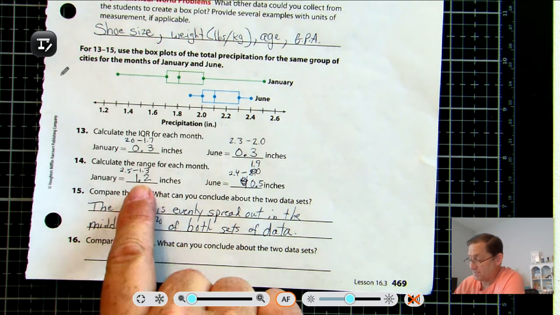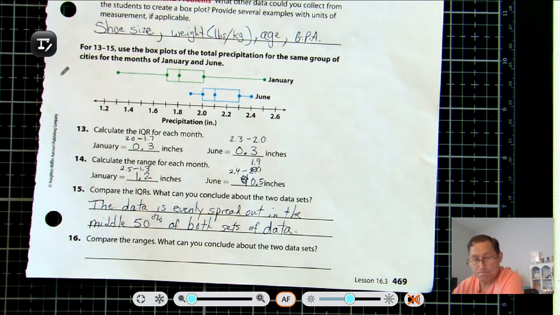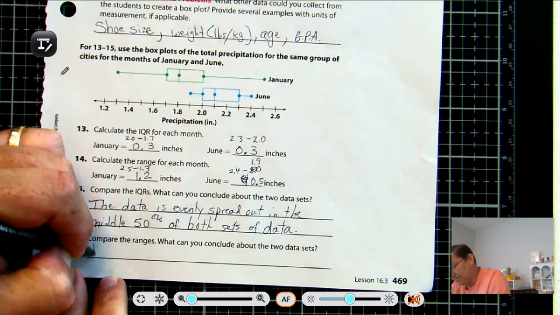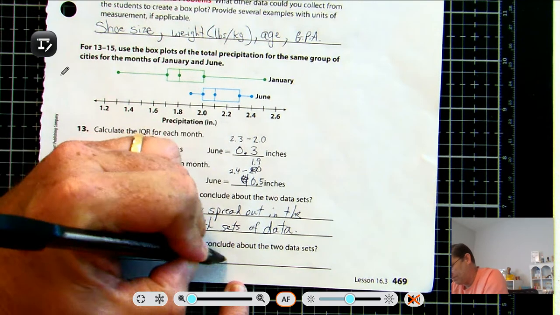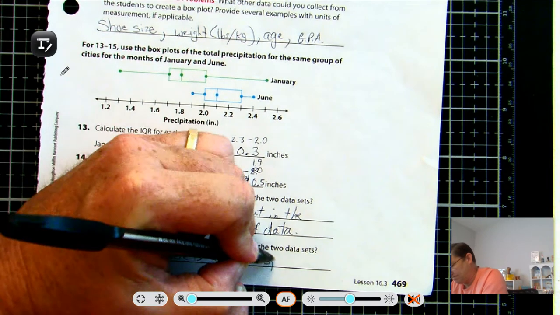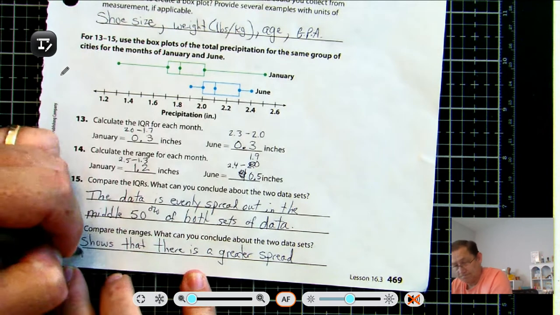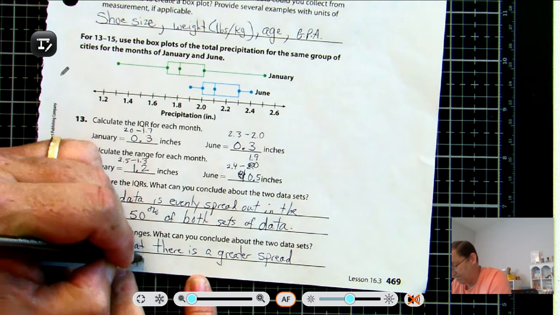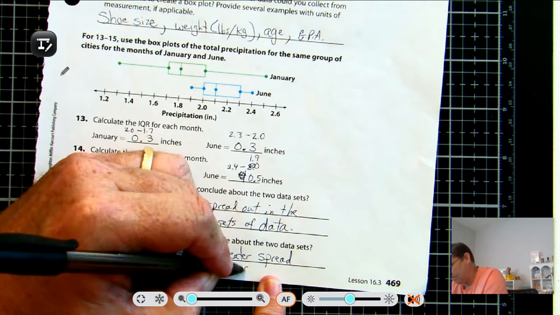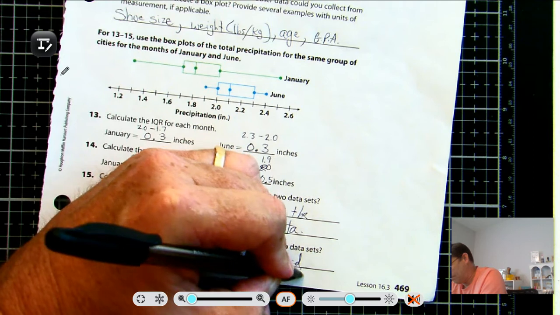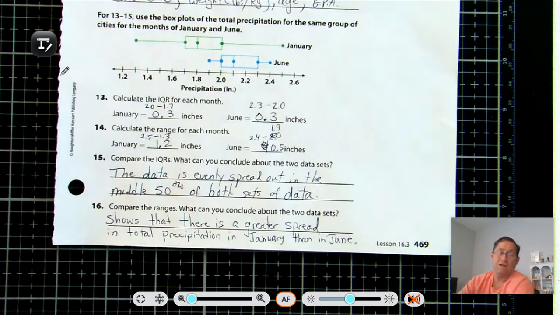Compare the ranges. Well, there's a bigger difference in January than June. So the range of the data in January is almost twice as much as June, or actually over twice June.